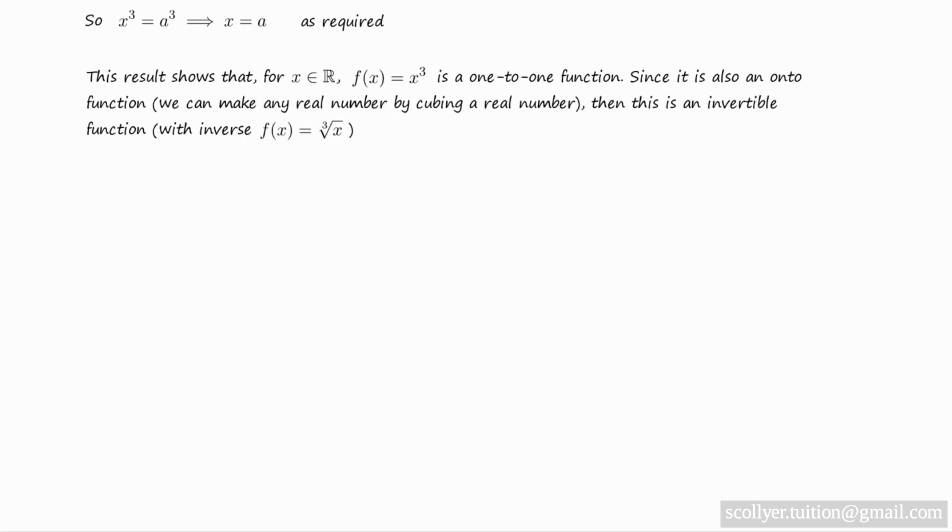And it is worth noting that this result shows that for real x, f(x) = x³ is a one-to-one function. It is also an onto function, which means that we can make any real number by cubing some real number, and together that tells us that we have an invertible function, with the inverse function being f(x) = the cube root of x.